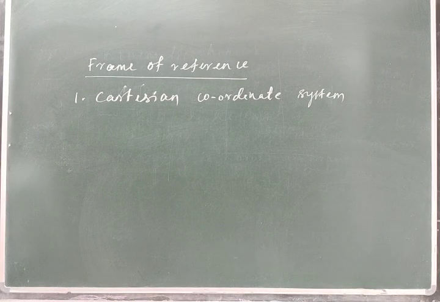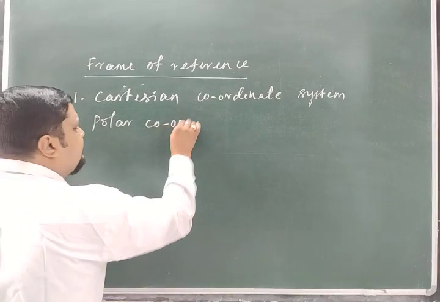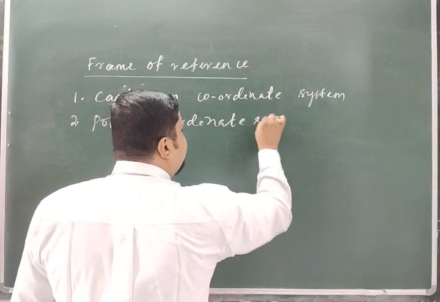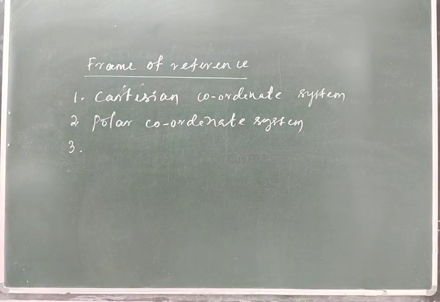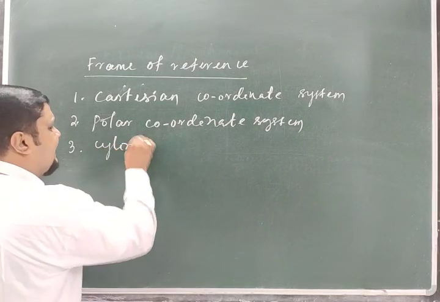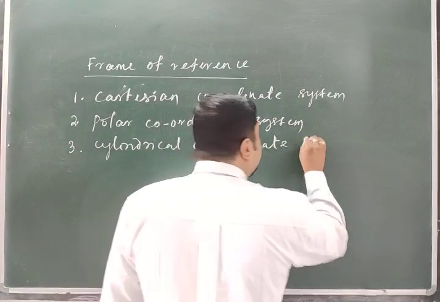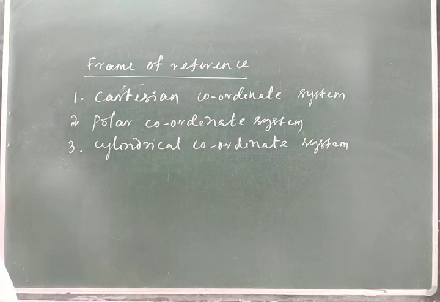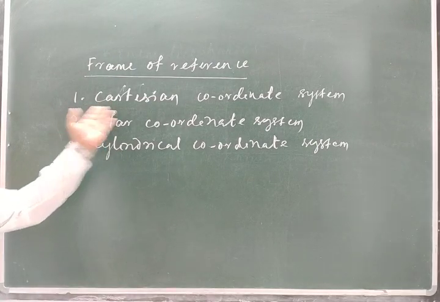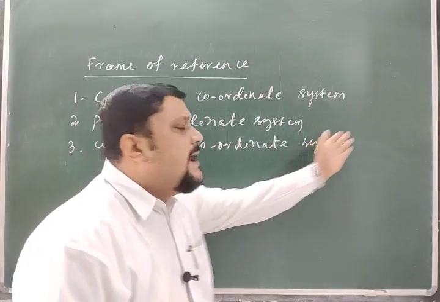Then the other may be the polar coordinate system, and the frame of reference may be the cylindrical coordinate system. This is also the spherical polar coordinate system. Both are the same thing. So there are different types of frame of reference: Cartesian, polar or spherical polar, or cylindrical coordinate system.